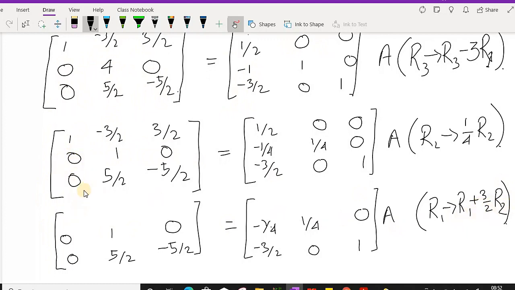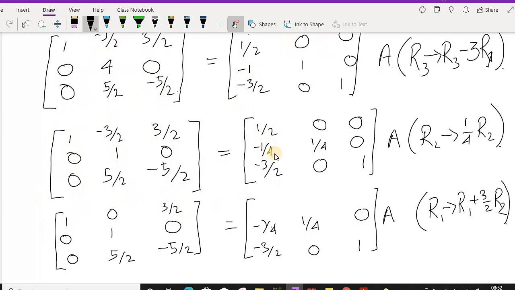So 1 plus 0 will be 1. Minus 3 by 2 plus 3 by 2 will be 0. And this is 3 by 2, so 3 by 2 plus 0 is 3 by 2. Right.